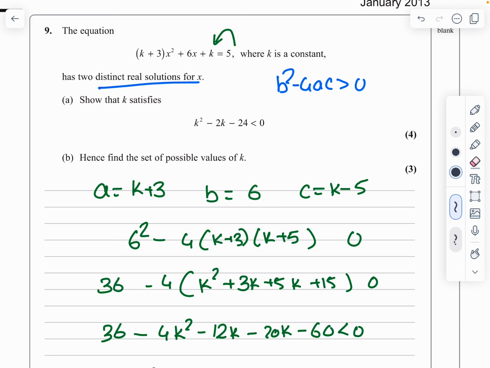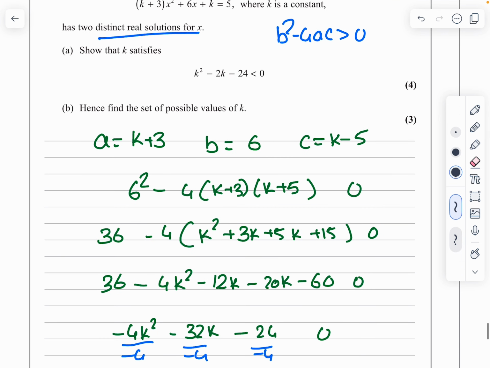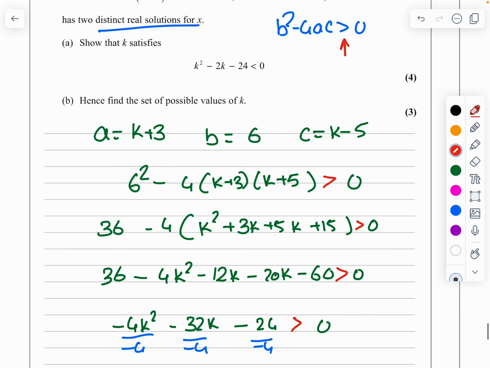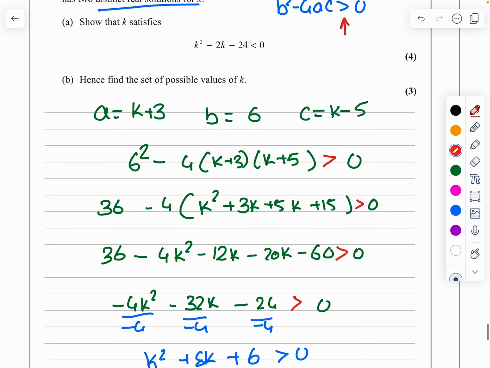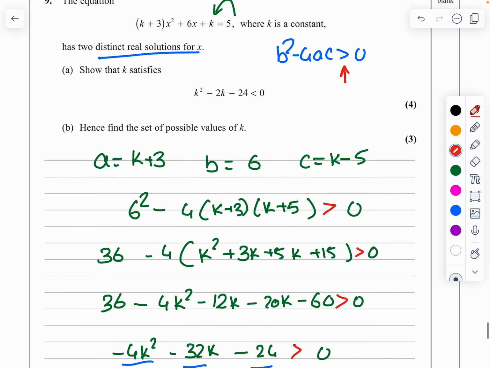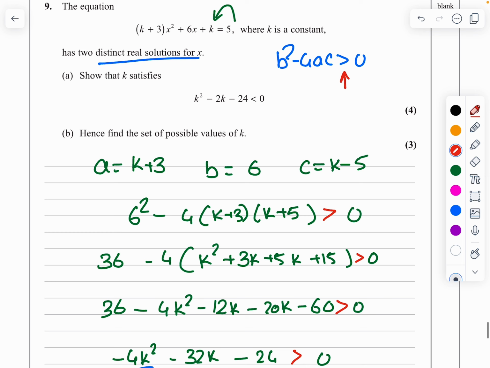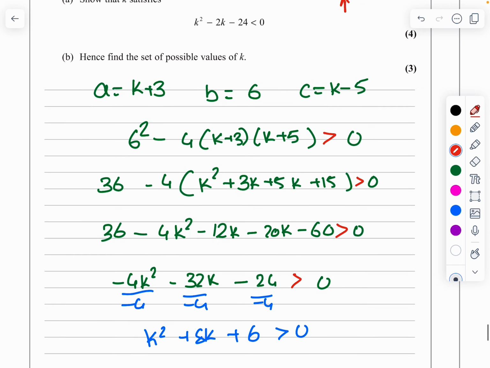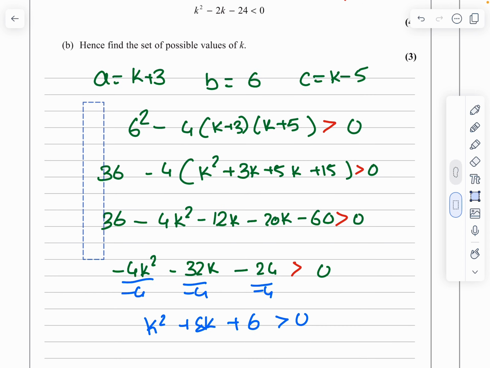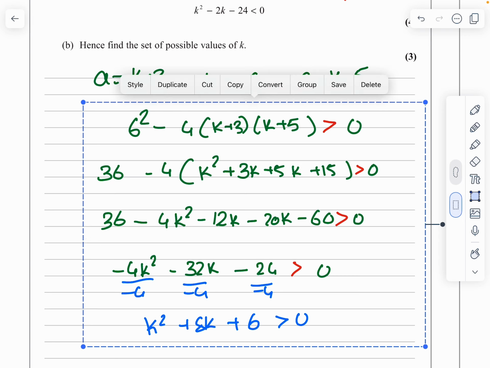We are supposed to do greater than 0. b square minus 4ac is greater than 0. And c value is k minus 5. So let us make some corrections over here.